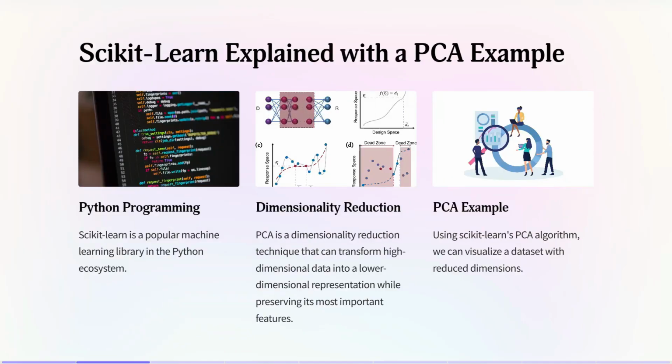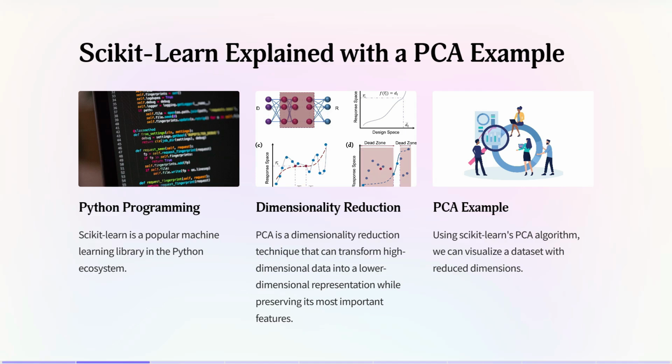Scikit-learn, explained with the PCA example, is the first working module that we are going to discuss. Scikit-learn is a popular machine learning library in the Python ecosystem. It is used for dimensionality reduction.